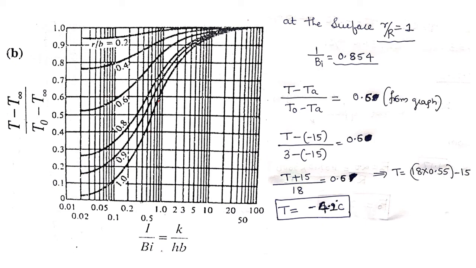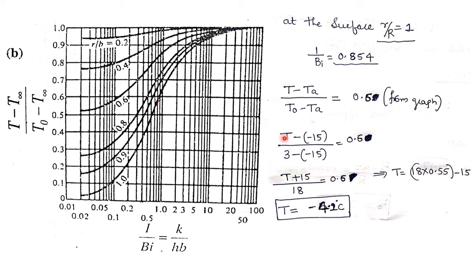If I want, I can show you by taking the pointer of the pen. So here you can observe, we have already moved, so this will be 0.6 from the graph.